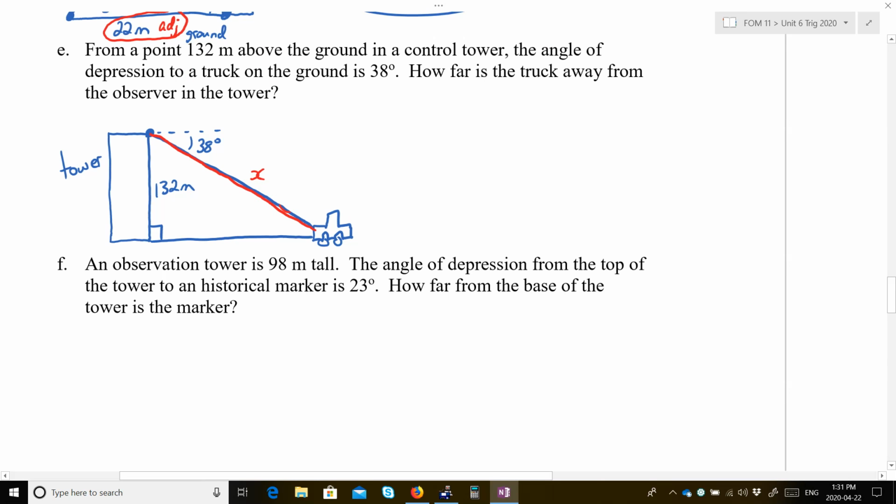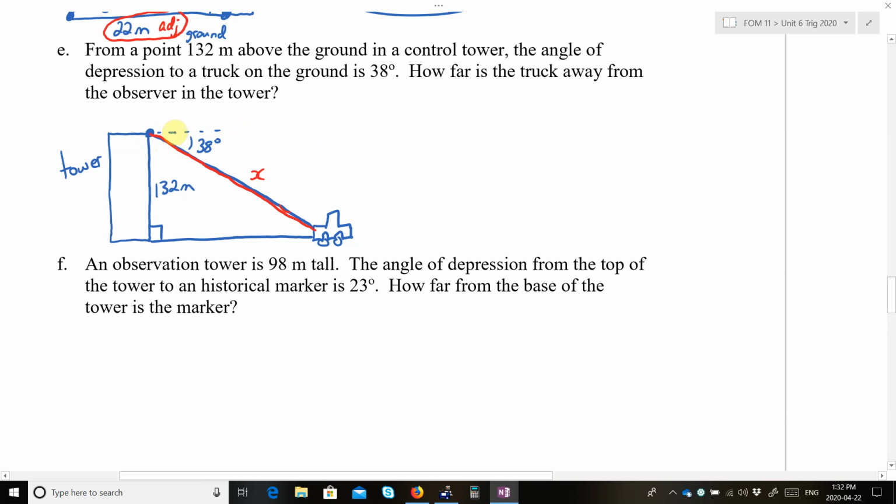We have to do one more important thing before we can solve this. You'll notice, guys, that we have the angle of depression right here, but we don't have either of these angles inside the triangle. And so what you have to do is get an angle in the triangle first before you can do SOHCAHTOA. And so remember, this dotted line is the horizontal.